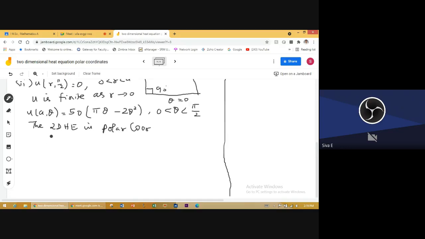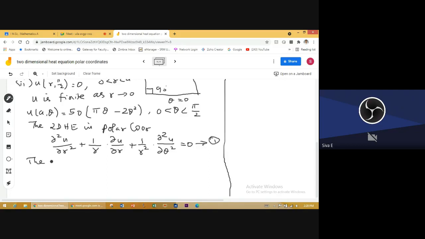It is dou square u by dou r square plus 1 by r dou u by dou r plus 1 by r square dou square u by dou theta square equal to 0. This is an important MCQ, already mentioned. This question will come. Keep this as equation number 1.